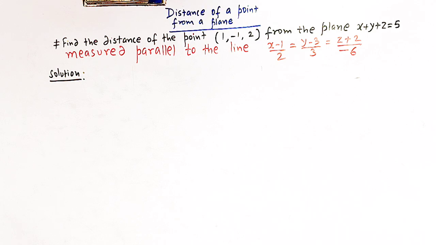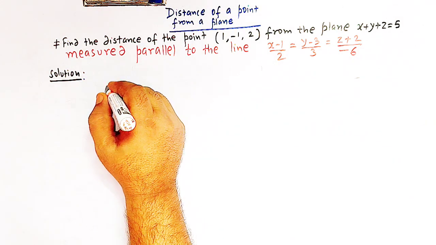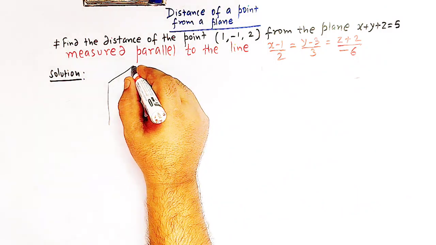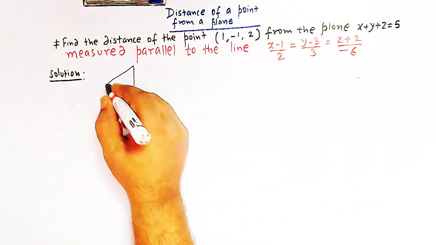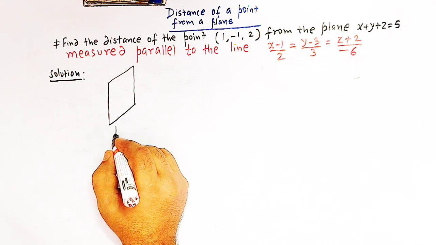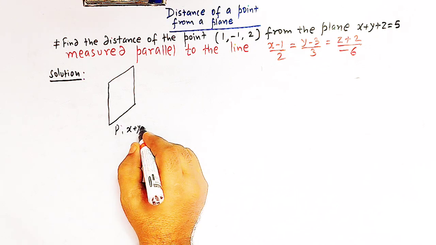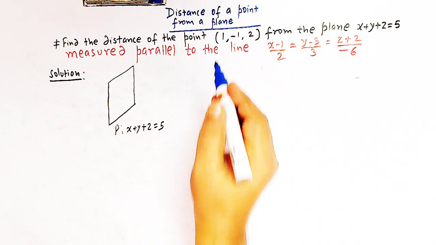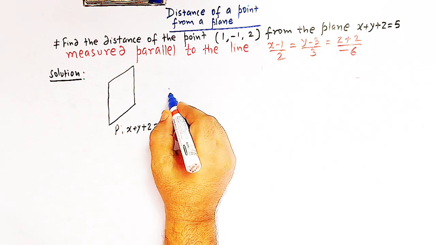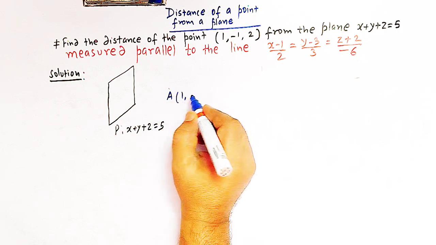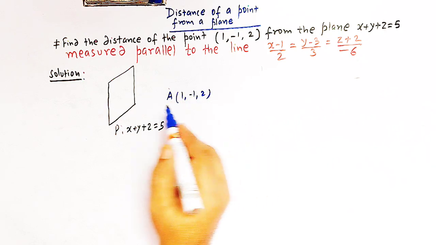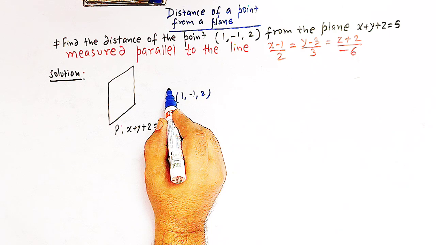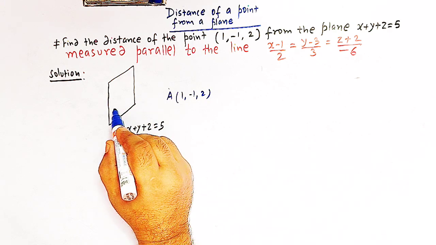So now let us understand this problem with the help of a diagram. Now see, here we have the plane whose equation is given as x plus y plus z is equal to 5, right? And we have to find the distance of this point. Let us consider the point over here. We have 1, minus 1, 2, and we have to find the distance of this point from this plane, right?